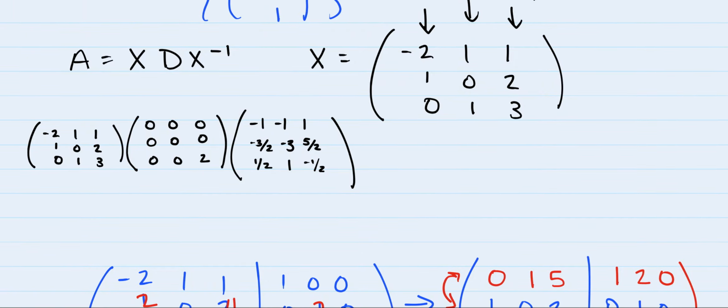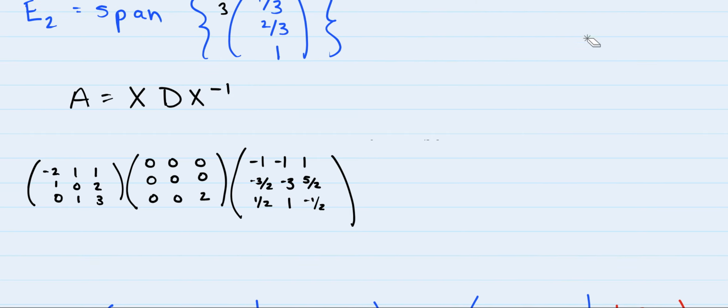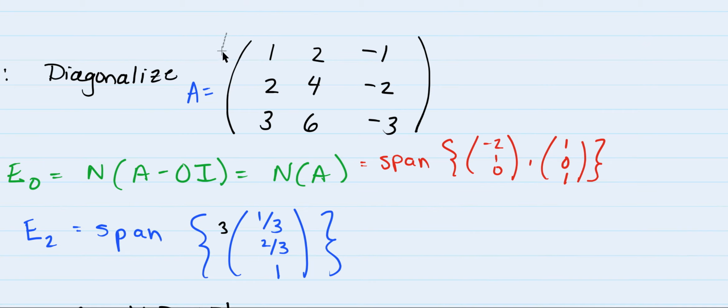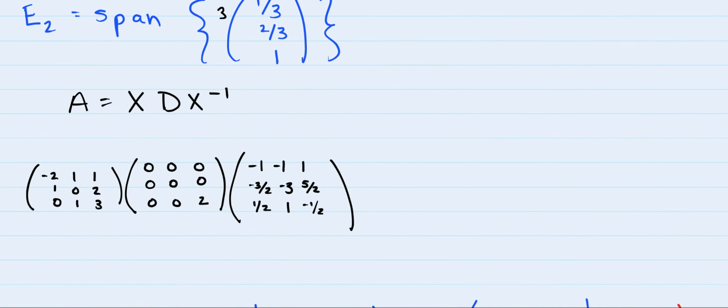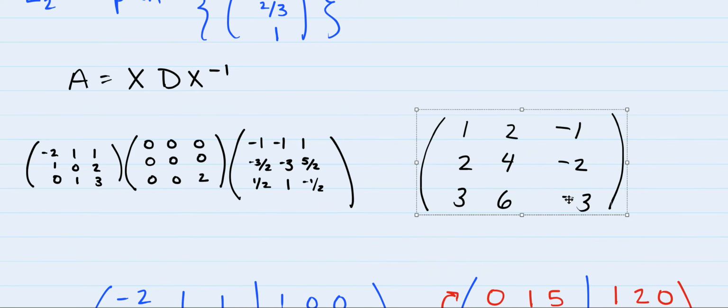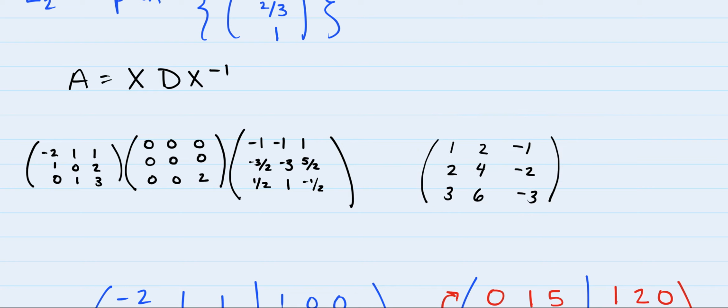Then this should actually equal the original matrix A, which, if we scroll back up, is this matrix right here. So this is X, D, X inverse is equal to A.